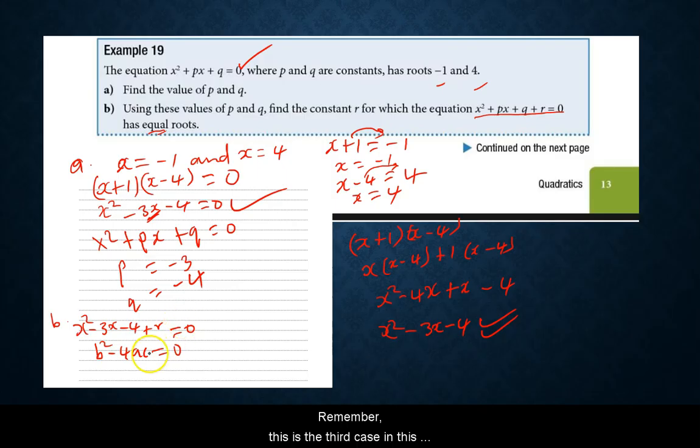Remember, this is the third case. If it has equal root, it means that the discriminant is equal to 0.